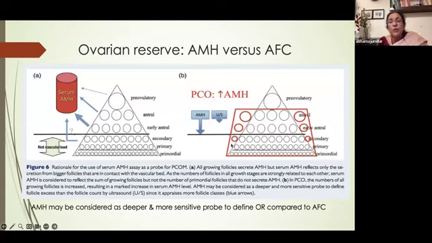This is the AMH coming, which you cannot see in ultrasound. Ultrasound sees less. AMH goes deeper to dig into these also and collect the AMH levels from this. So that way AMH looks better. AMH may be considered as a deeper and more sensitive probe to define ovarian reserve compared to AFC.